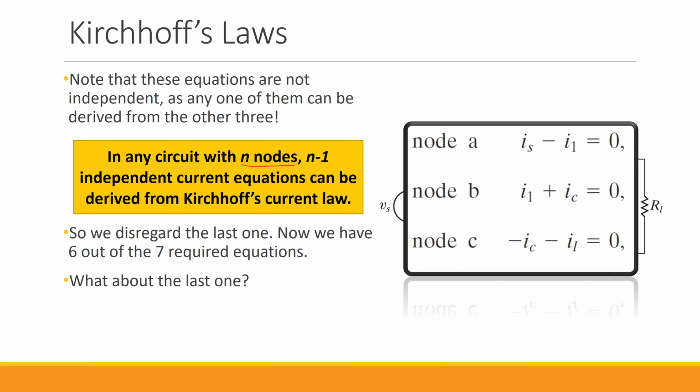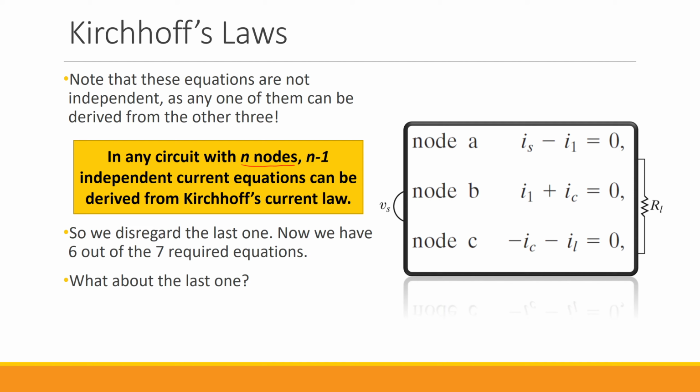So you may write 10 equations, right? But only 9 of them are independent. So you need to leave at least 1 out. It doesn't matter which one, you need to leave 1 out. So I repeat it again, in any circuit with n nodes, n minus 1 independent current equations can be derived from Kirchhoff's current law. This is something that you should always keep in mind.